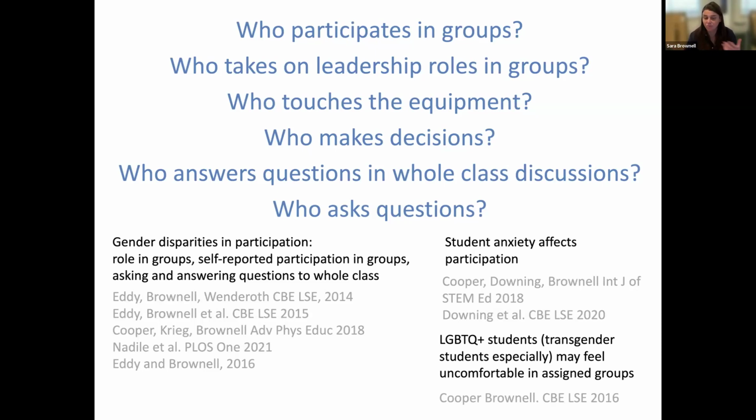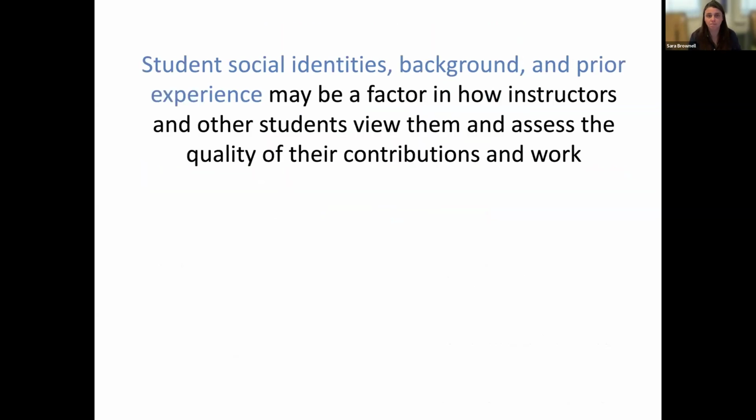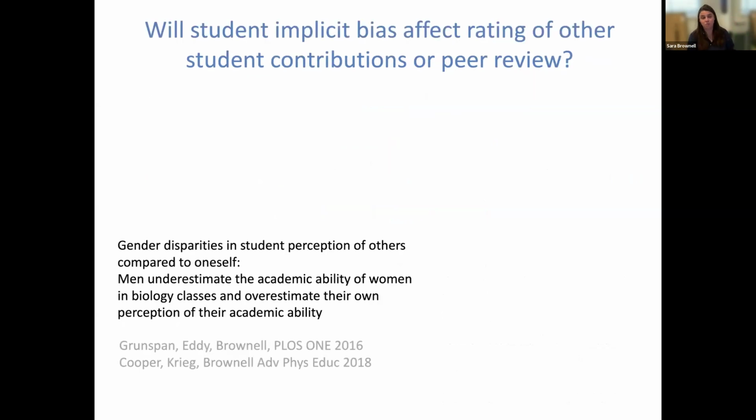And so being in physical spaces, interacting with people, can be challenging. In addition to all of those are what the student themselves is experiencing. They are choosing not to participate in some way because of some factors, or they're maybe less comfortable. But also identities, backgrounds, and prior experience can affect how other people treat them and assess the quality of their contributions and work, both instructors and other students.